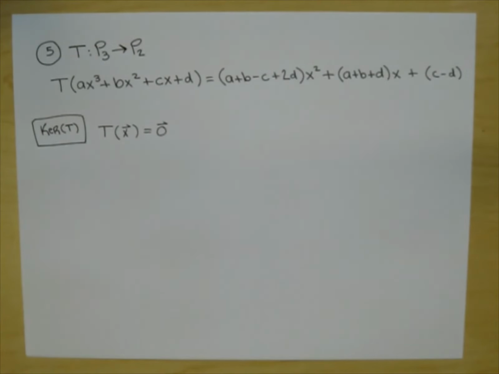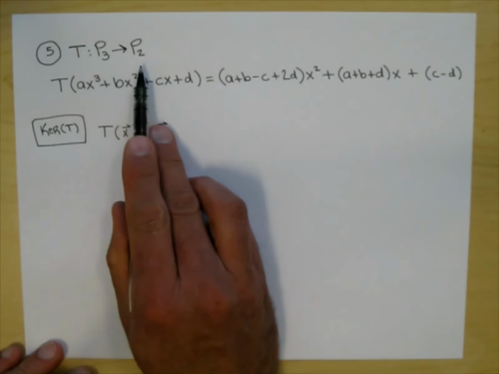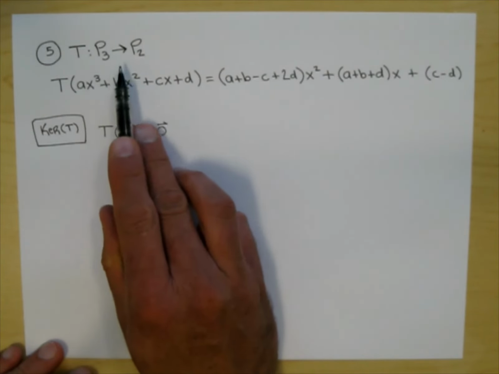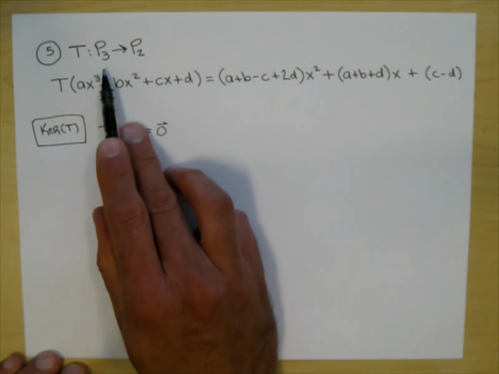Now you might go, well, Joe, don't you find the kernel by finding the null space? The null space of what? I don't see any matrices there. We have not defined a matrix of transformation for other weird vector spaces. We've only defined a matrix of transformation from Rn to Rm.